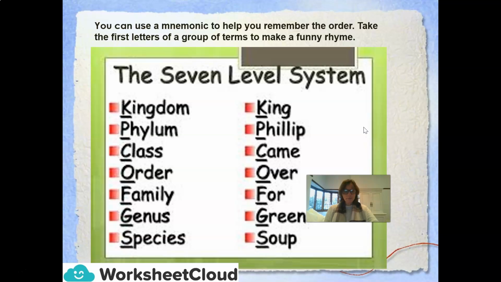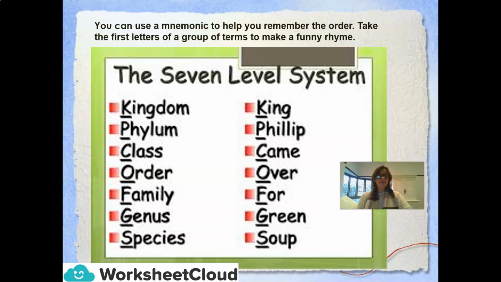To help us remember the 7-level classification system, you can form your own mnemonic. Now, a good way to remember this is to take the first letters over here and make a little rhyme and make it funny so that you remember. So if we want to remember the 7-level system, we want to remember kingdom, phylum, class, order, family, genus, species.